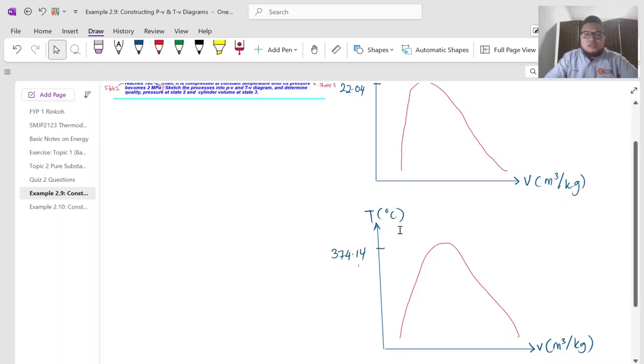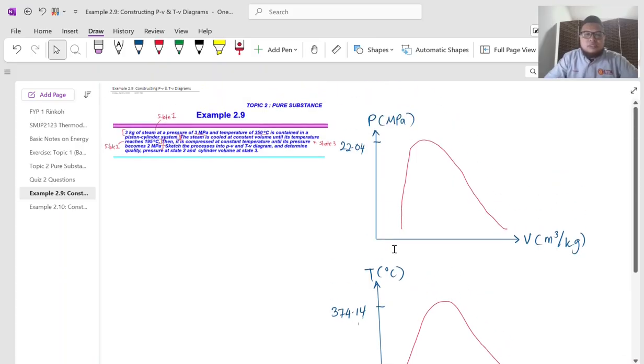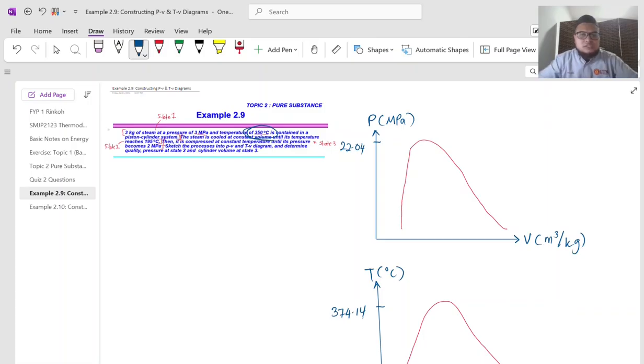So you know that you would not exceed this temperature for the given question. Everything is below the critical point. For example, the temperature here is 350 degrees Celsius, so it's just below the critical temperature. Everything is still within the vapor dome.